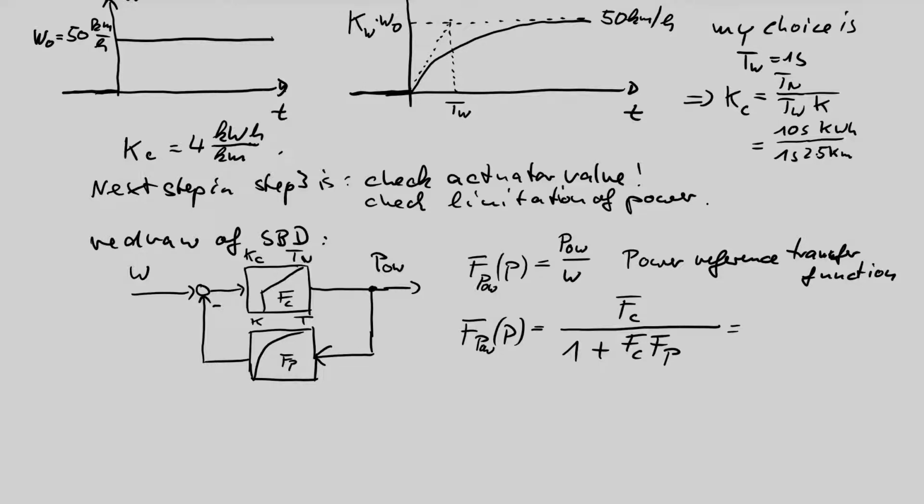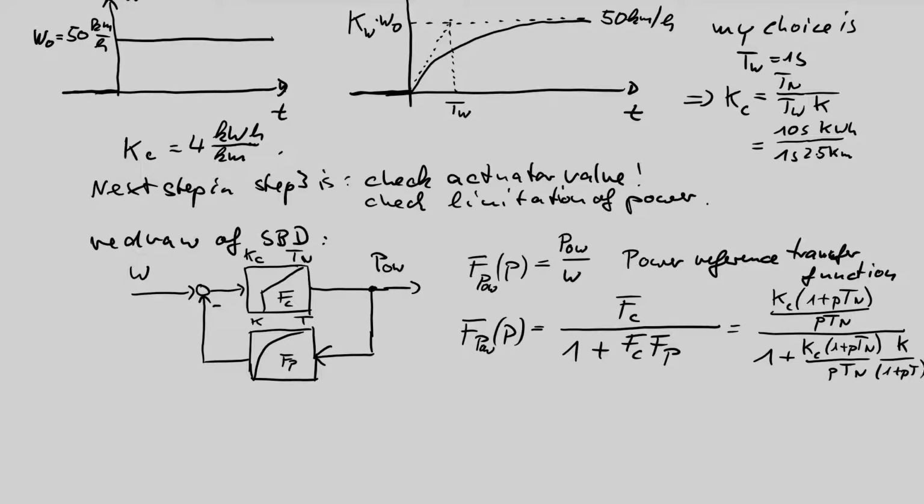So if we write this down, filled with the given transfer functions, we see here Kc (1 + pTn) divided by pTn, divided by 1 + Kc (1 + pTn) divided by pTn, multiplied with K/(1 + pT).